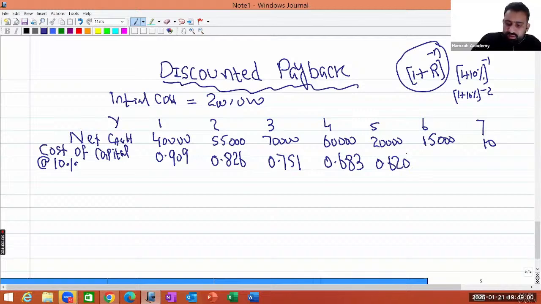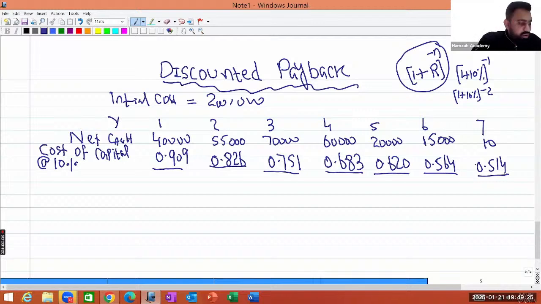And for year 6, it will be 0.564. And for year 7, it will be 0.514. These are the discount factors at the rate of 10%, and they are used to discount the cash flow to the present value.